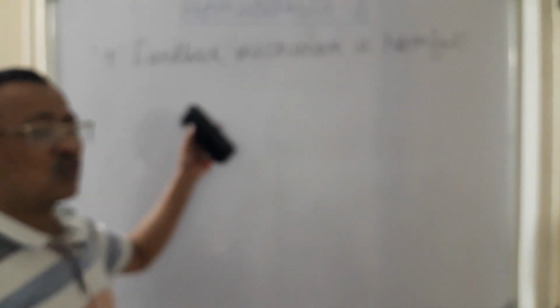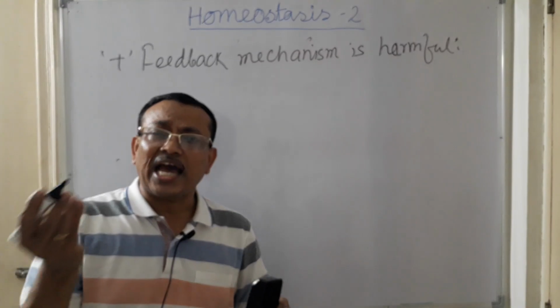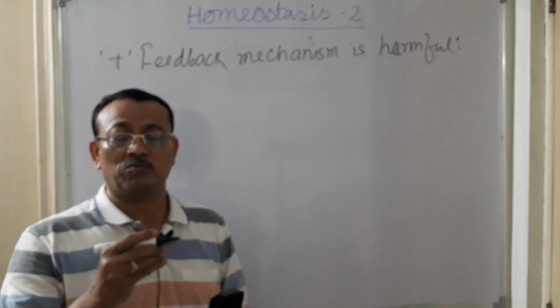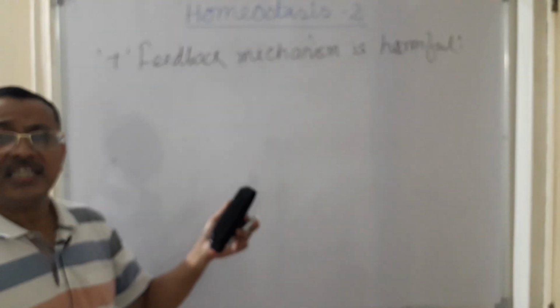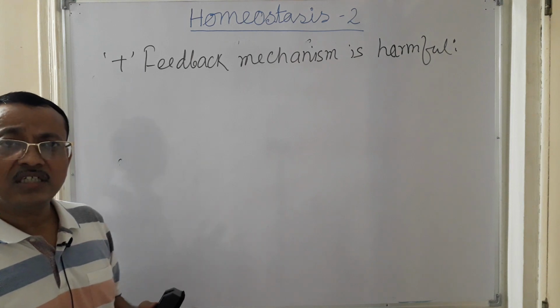So if it is so harmful, then the question comes, why can it be considered as a homeostatic mechanism, a controlling system? If this is harmful, obviously it should not be considered under the homeostatic mechanism, but it is also considered under the homeostatic mechanism.